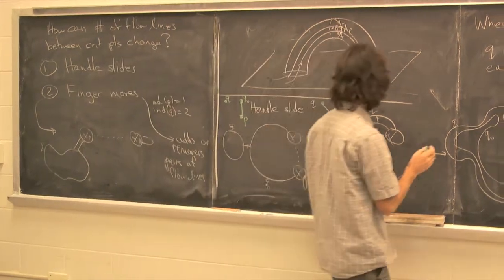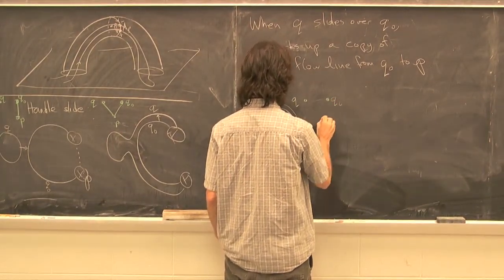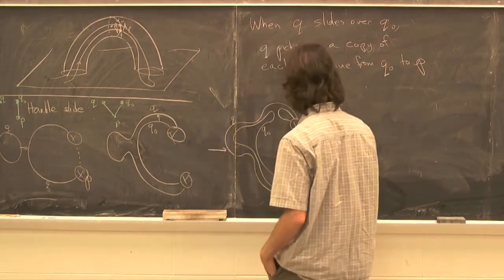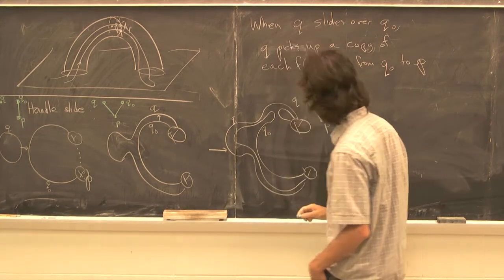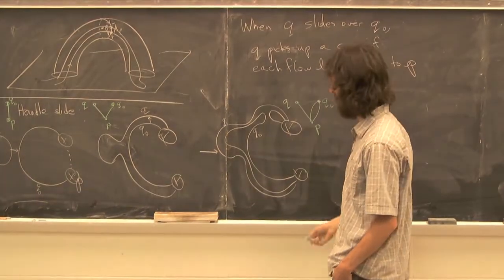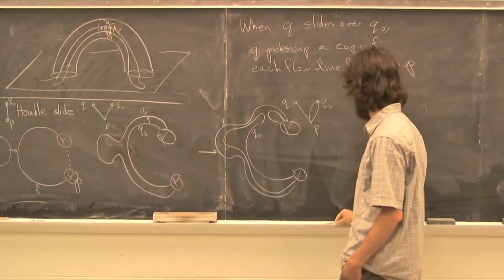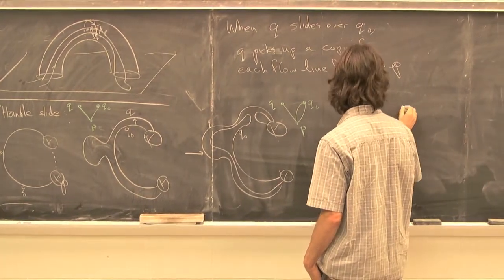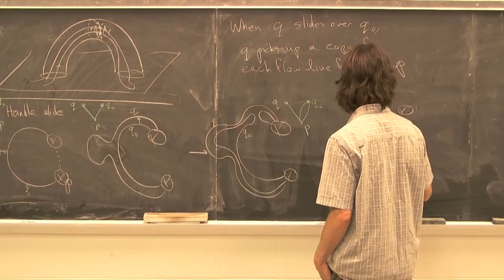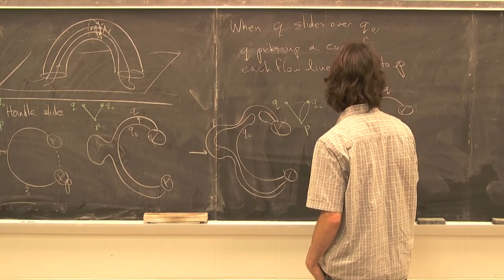Now it gets even worse, because now I have Q, Q0, and P, and now I have that same flow line from Q down to P, but now I have two flow lines from Q0 down to P. But then I can do a finger move, because I got that guy there, pull it back, I do an inverse finger move, and I get to Q is fine, and then Q0 comes up all by itself.